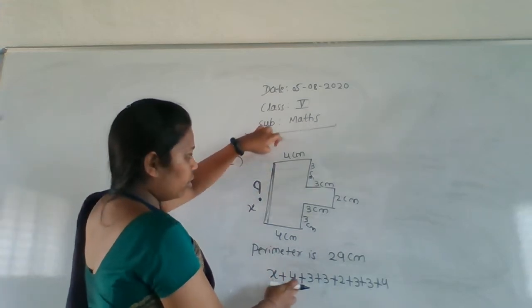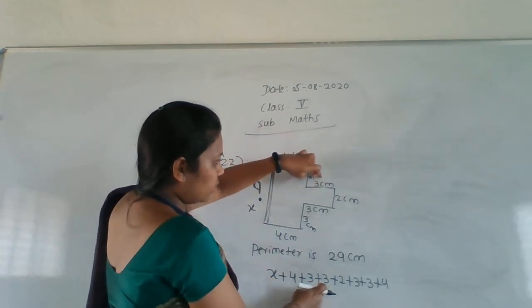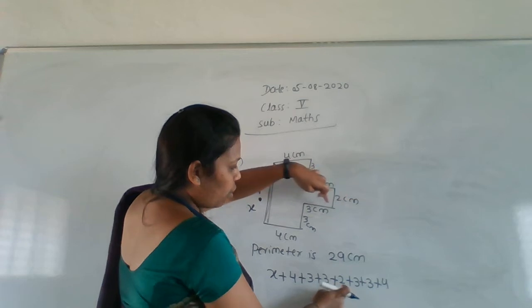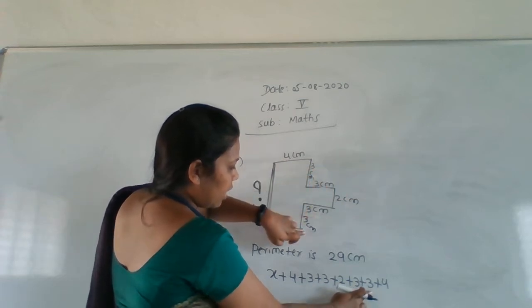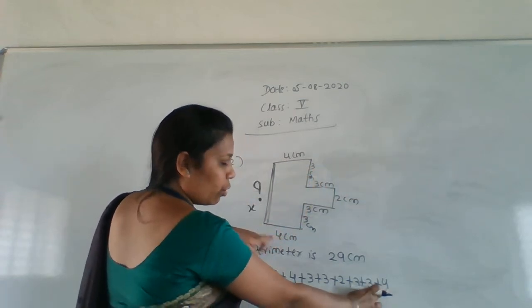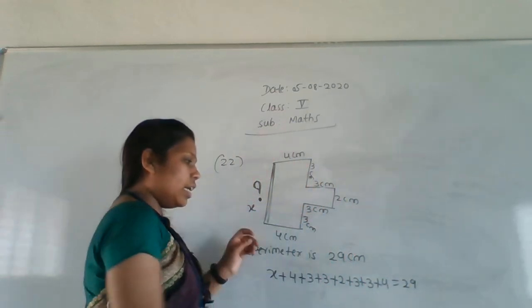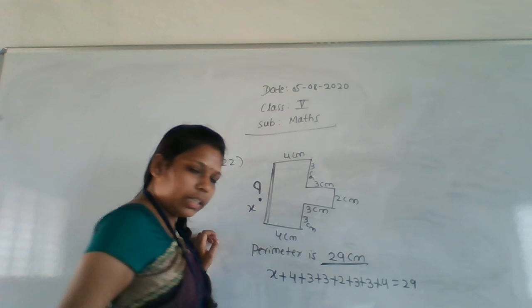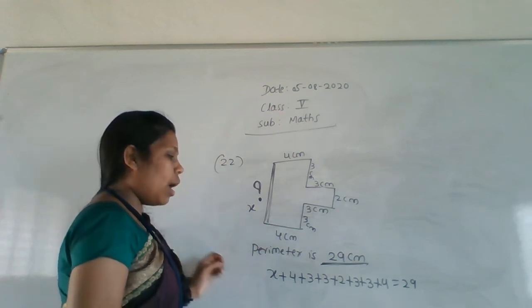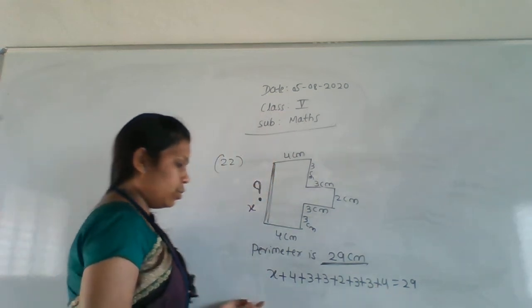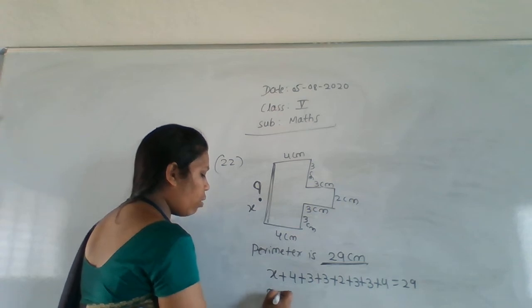See here, 4, this 3 and this 3, after that this 2 and this 3 and last this 3, again 4. So it is equal to what? 29. They have already given 29 centimeter. So now add all these values.